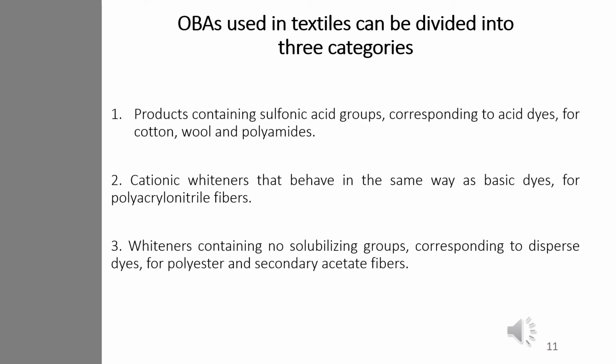OBS used in textiles can be divided into three categories. So, the optical brightening agents which are used in the textiles are divided into the three categories. Number 1. Products containing sulfonic acid groups corresponding to acid dyes for cotton, wool and polyamides.